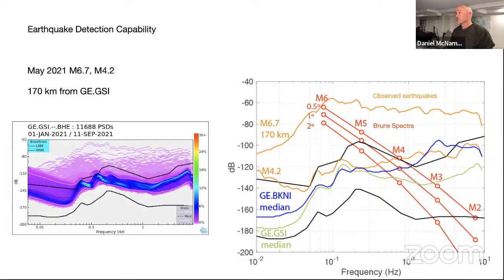And certainly not at 2 degrees. But at 0.5 degrees, you can see that magnitude 4 is above that blue line, suggesting that it would barely be detected. Okay, if you go down to the right a little bit, the magnitude 3 circles are all well below station BKNY and also below the GSI green line.